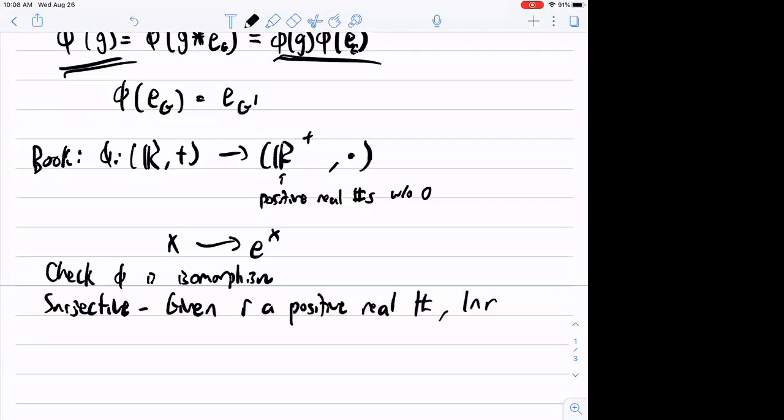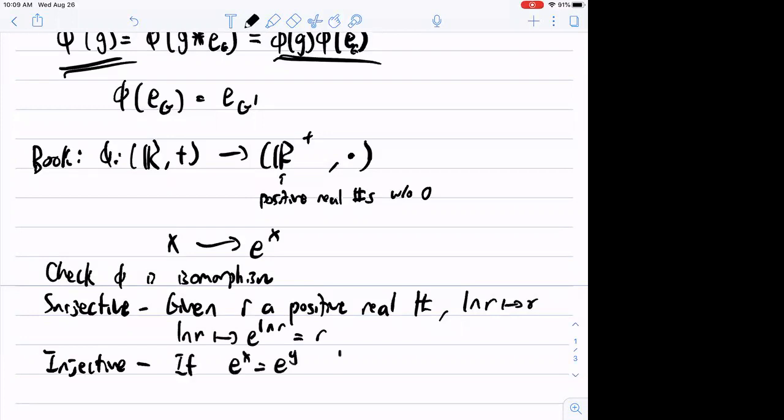Well, ln R maps to R, because ln R gets mapped to e to the ln R, and that's just R. So it's surjective. Injectivity is also math 2b. If e to the x equals e to the y, then you take ln of both sides, ln e to the x equals ln e to the y, and this is just x equals y.